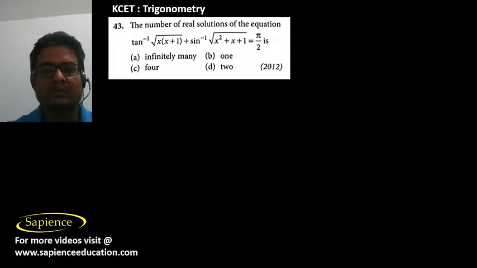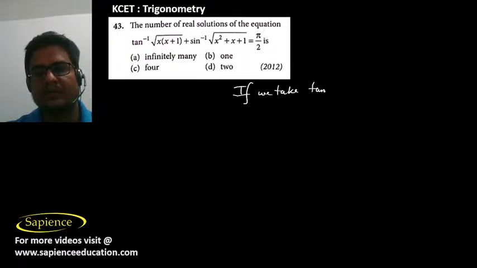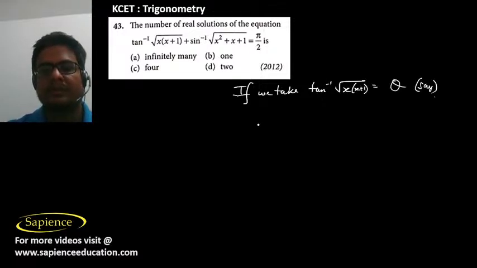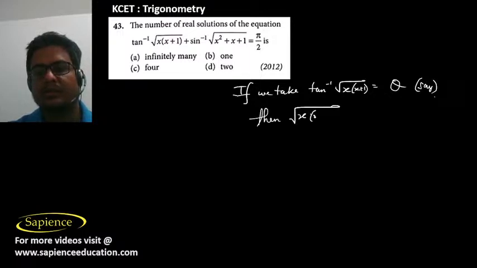And then here the number of real solutions of the equation is, so now if we take tan inverse of root over x into (x plus 1), that is equal to theta, suppose, then root over x into (x plus 1) is equal to tan theta.